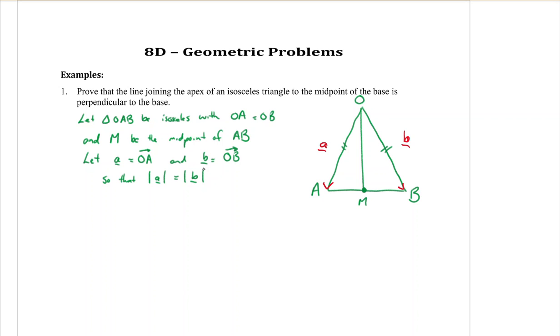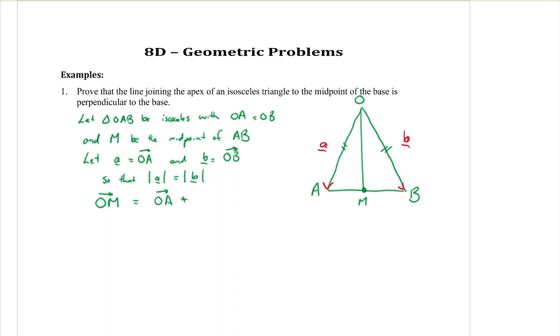So if I can find expressions for both of them and multiply them together to make 0, that should help me prove it. So let's find an expression for OM. If I start at O to get to M, I would need to start with vector OA, and I would want to add on the base of that triangle, AB, and I want half of it.